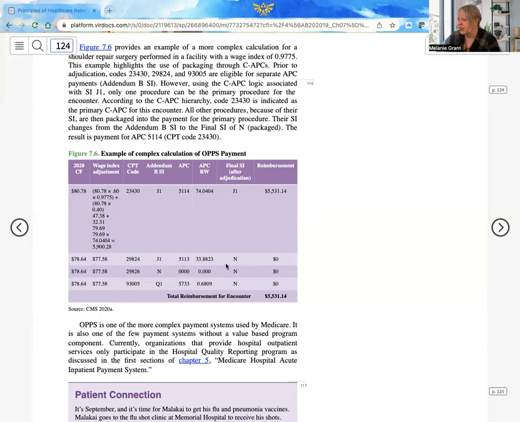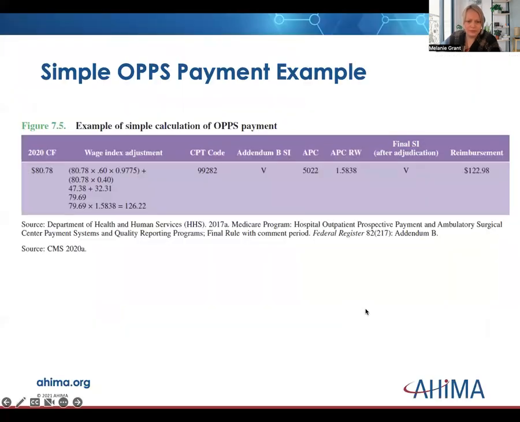All of these with an indicator of N are included, and so the total reimbursement in this example is the same one from the original procedure, J1. And of course, we have here in the PowerPoint the examples we were just looking at.